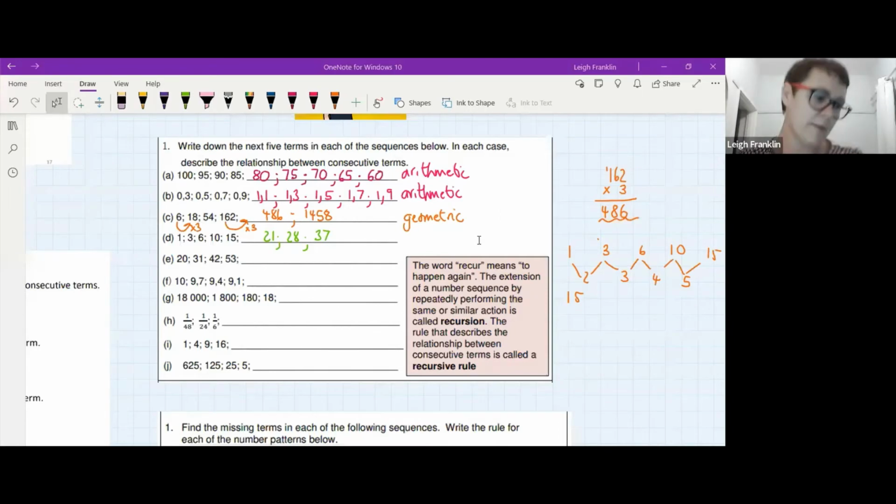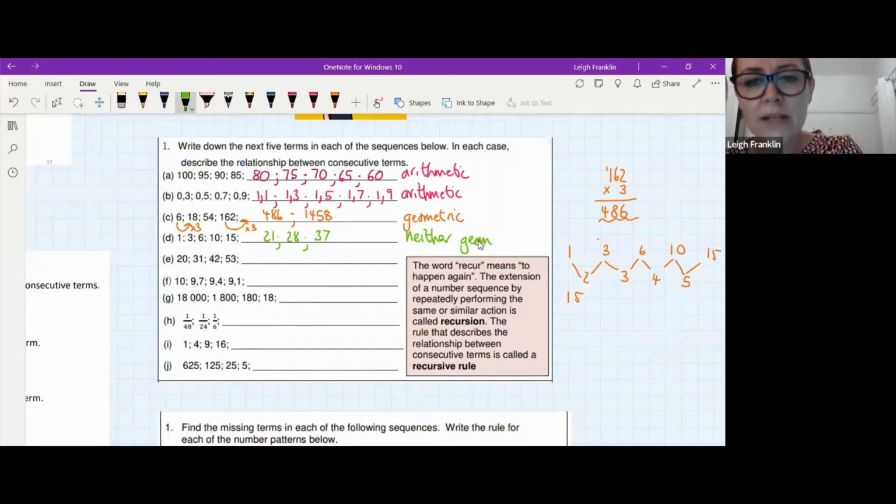Are we multiplying by the same value each time? No, ma'am. Okay, so this is neither geometric nor arithmetic. You'll learn about these patterns when you get to grade 11. They're actually called quadratic patterns.